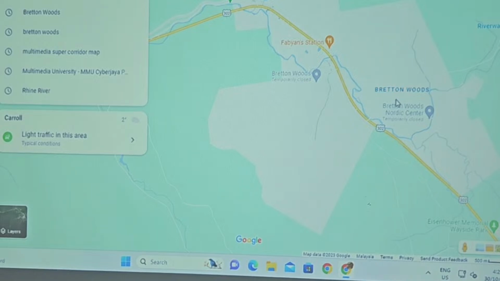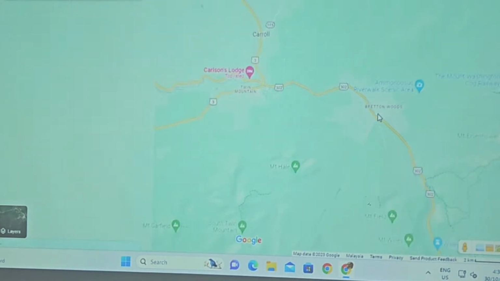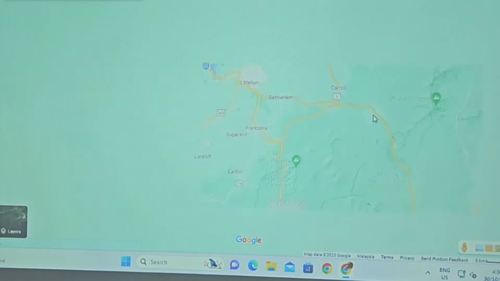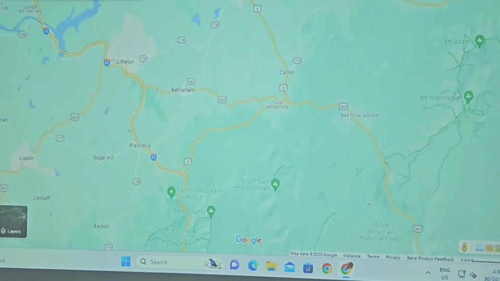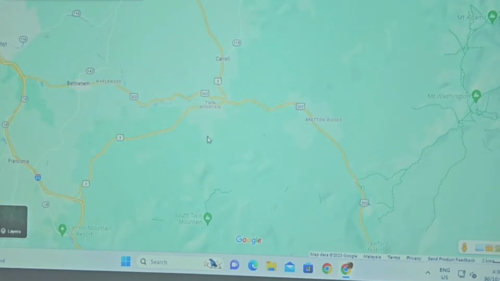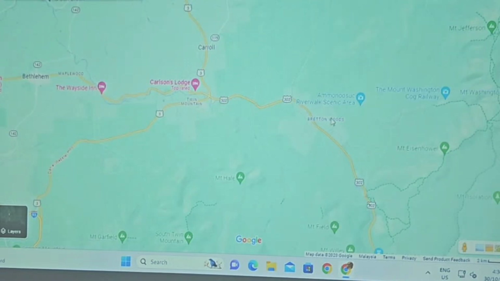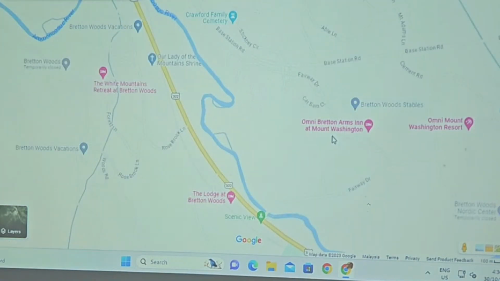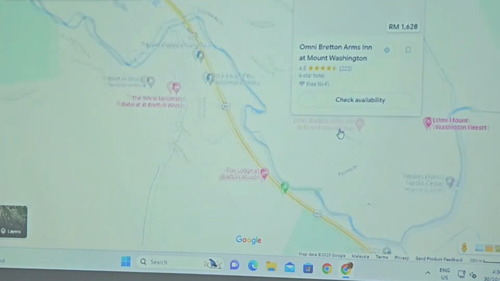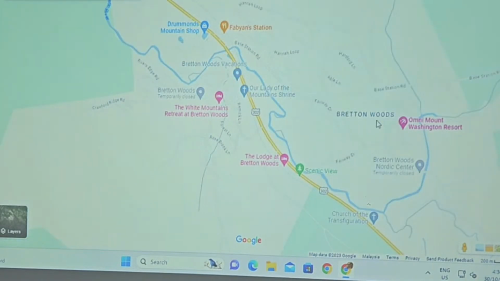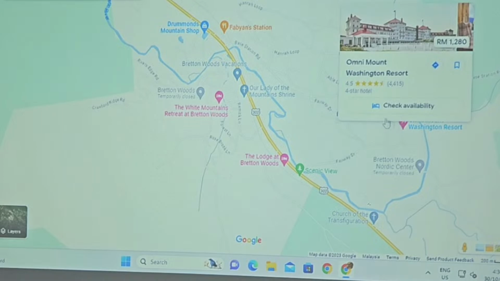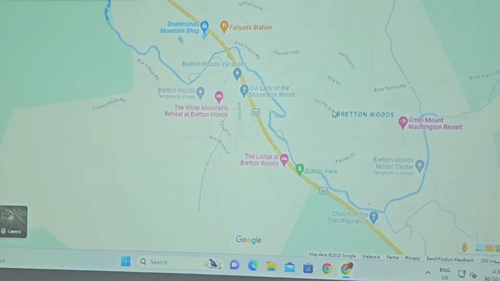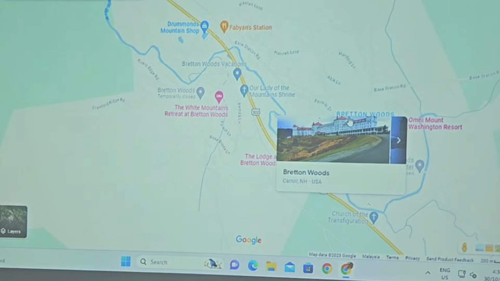I drove my car up to Mount Washington, because Mount Washington is nearby. To go to Mount Washington, you pass Carroll, Bretton Woods. So near. This is the hotel.